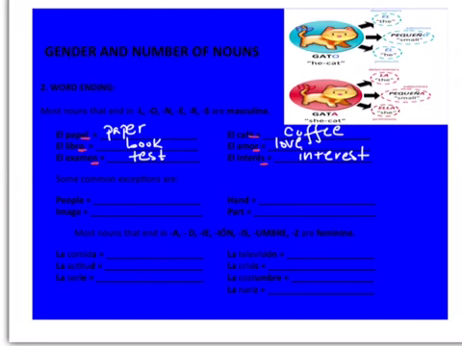Notice that all these words are masculine, therefore they will use the article el to refer to the noun.